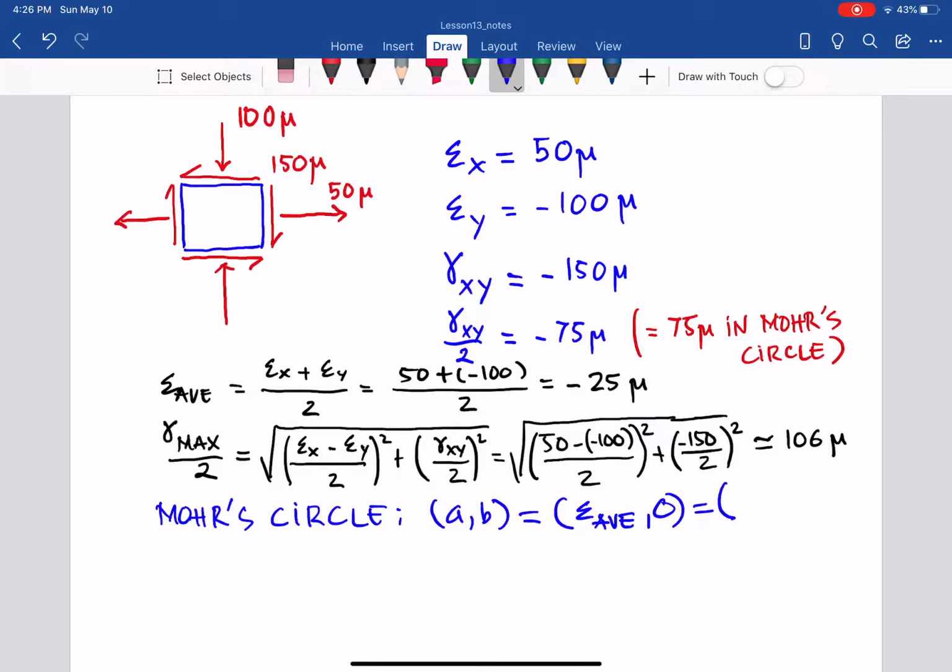In this case, we have negative 25 micro, 0. And then we have the radius, which in stress was tau max. Now tau becomes gamma over 2, so gamma max over 2. And from that equation, we have 106 micro.